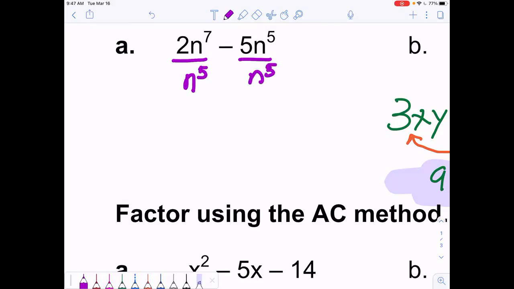Now you cross out where you can. You bring that GCF, and if you want to put a 1 there you certainly can. Okay, what if you have N to the seventh on top and you take away 5 N's, what are you left with?